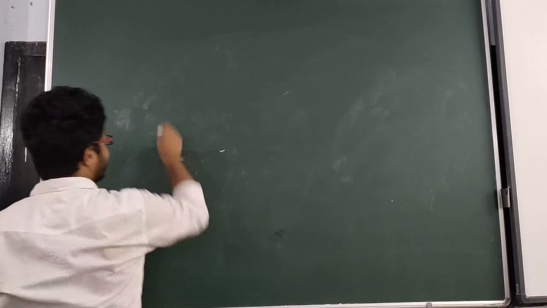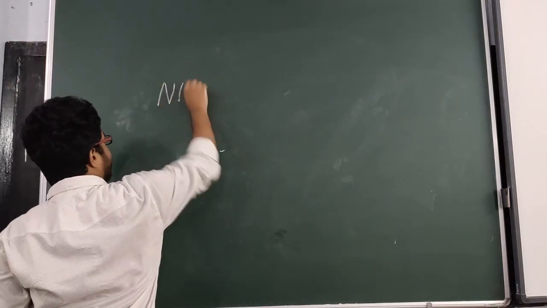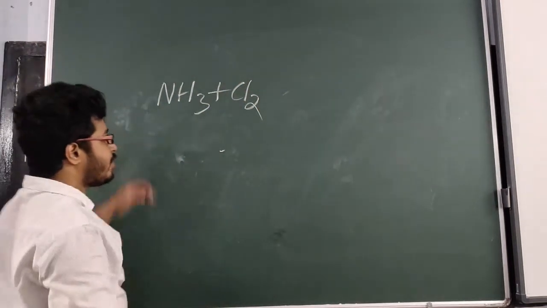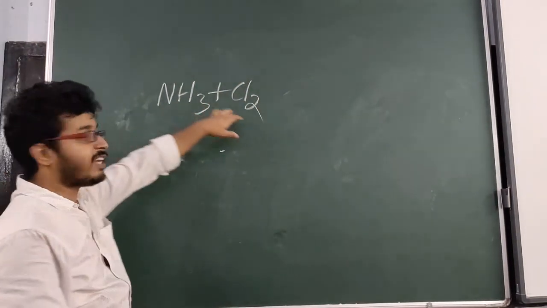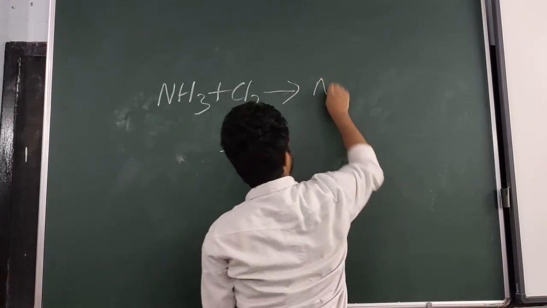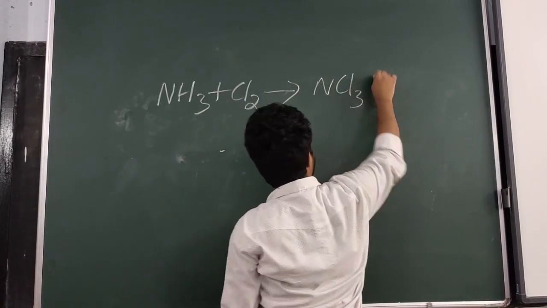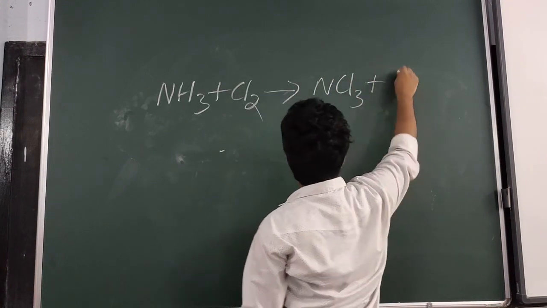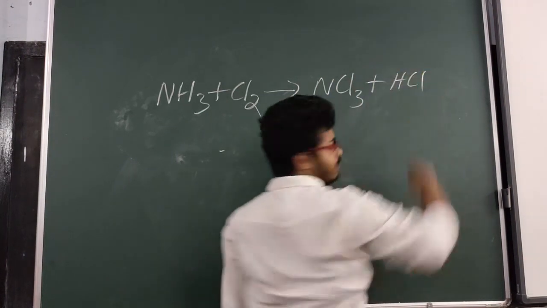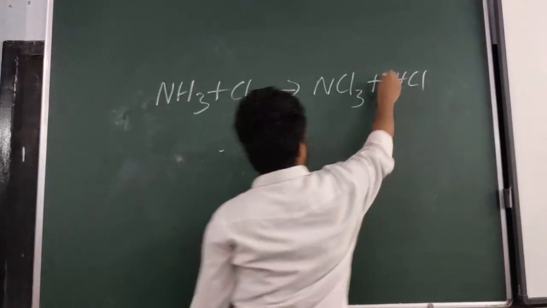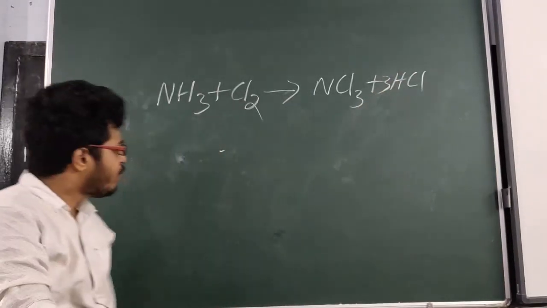I hope you remember this. NH3 plus Cl2. Here, instead of ammonia in excess, we are taking chlorine in excess. The product is NCl3 plus HCl.